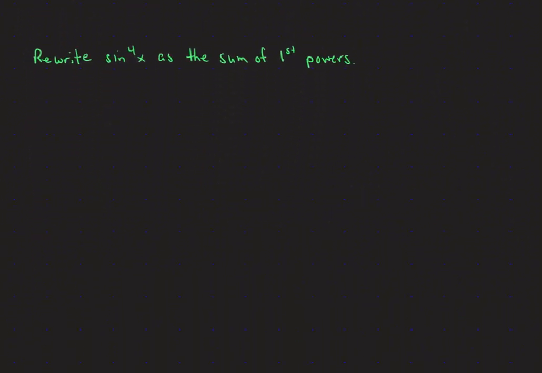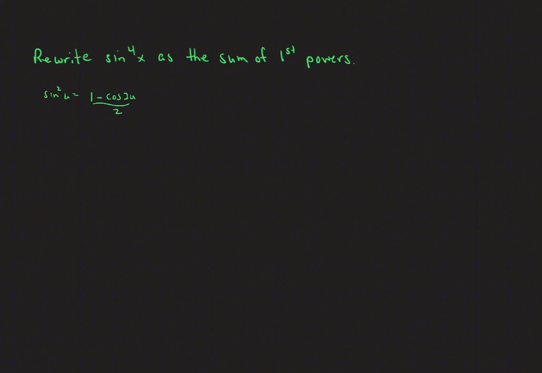We're going to write this as the sum of first powers. So we know that sine squared u is going to be 1 minus cosine of 2u all over 2.